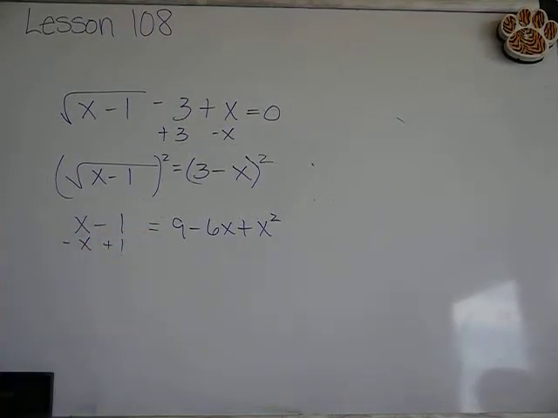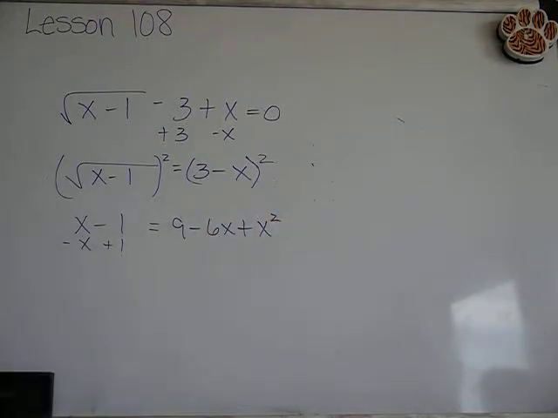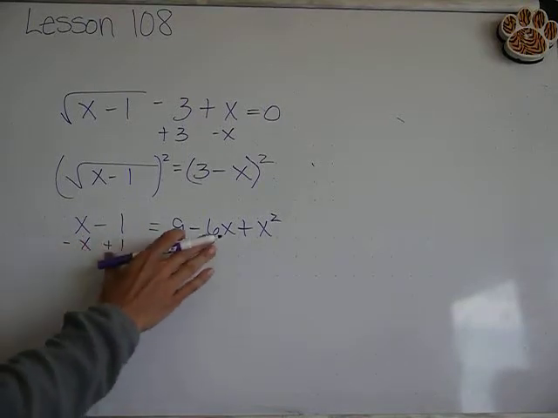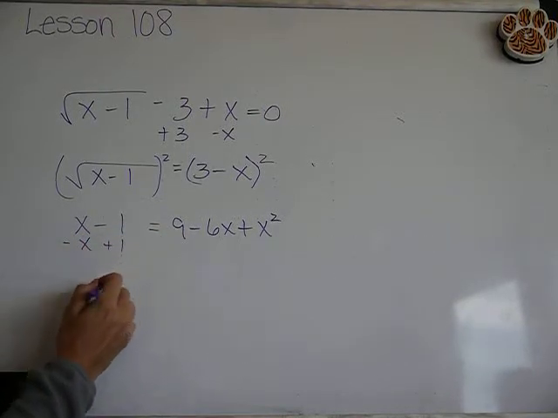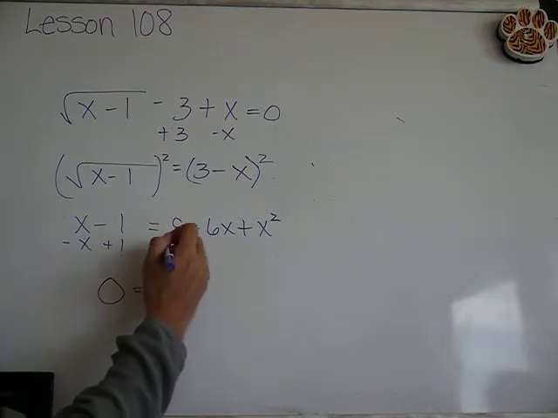So whenever I have an x squared, do you guys remember how to solve those? We actually have to get everybody over, don't we? Do you remember that, Isaac? Once we get it to here, our goal is to have 0 equal something in order to solve these types. So we have to add 1 to both sides and subtract x.